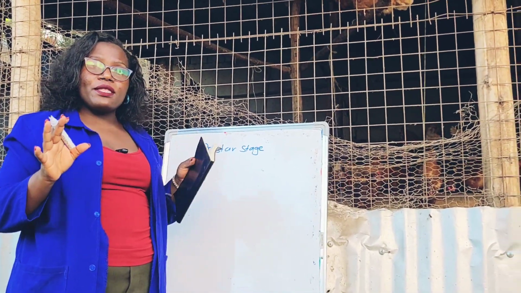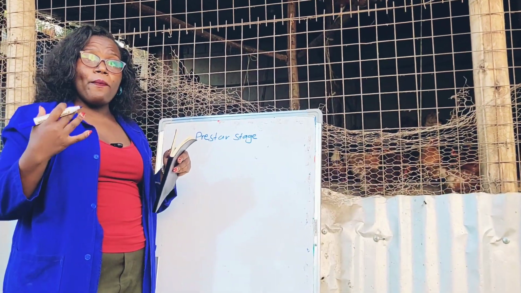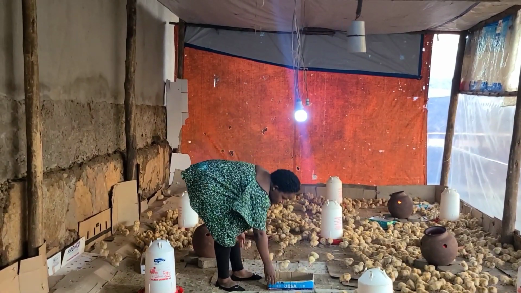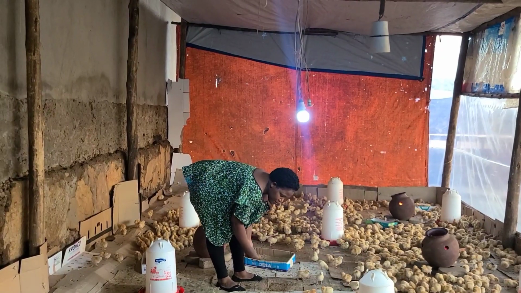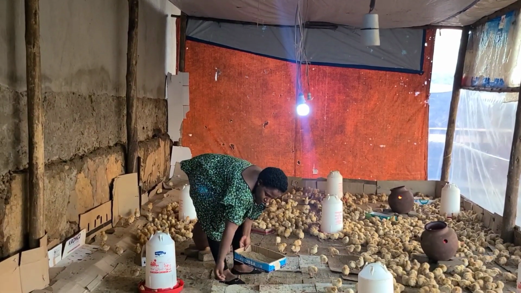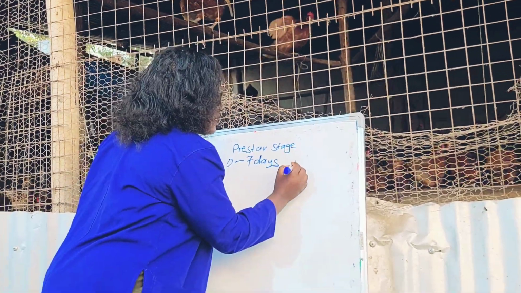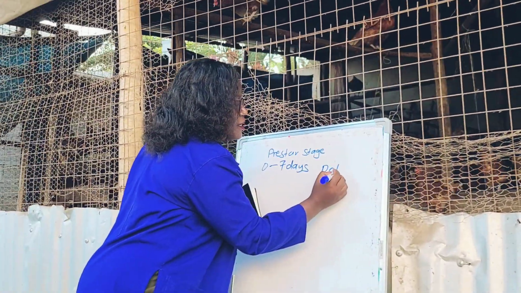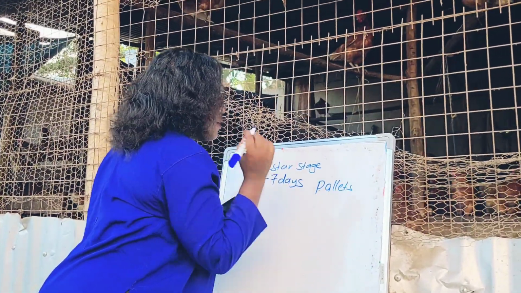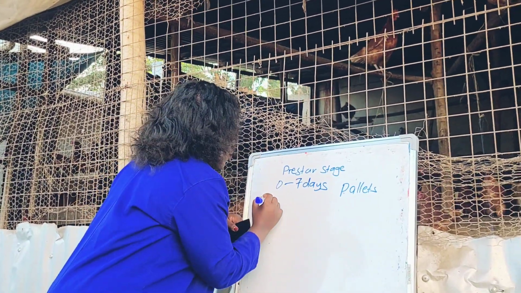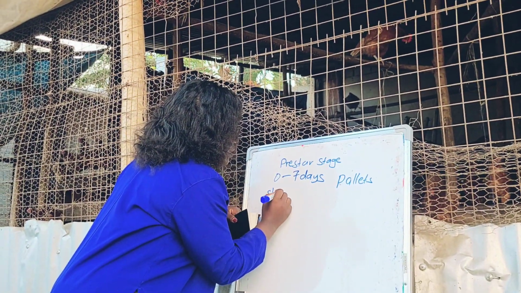Pellets, it's a complete meal. You don't need to mix. So from 0, that is when you bring your chicks, up to 7 days, we give our chicken pellets. So this is our first stage, and then from this stage we go to the starter stage.